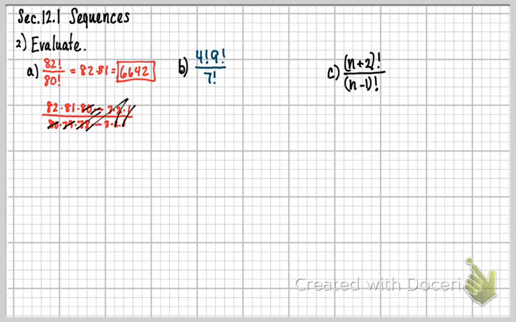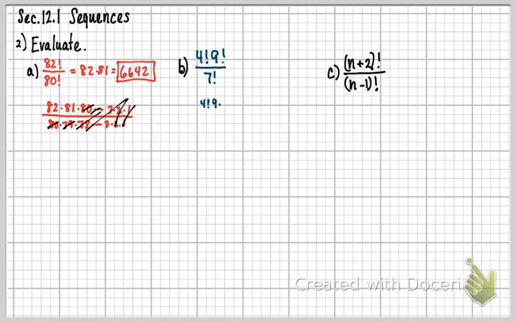Now for this number B here, it's a little bit different because there's more things I'm multiplying here, and I'm still dividing. So the first thing I look at is the biggest one. So I'm going to look at those two. So if I think of that same idea again, I'm just going to leave that 4 factorial alone there.